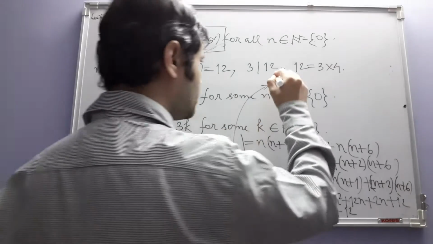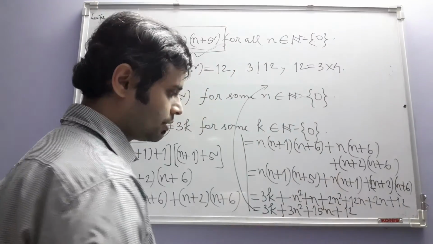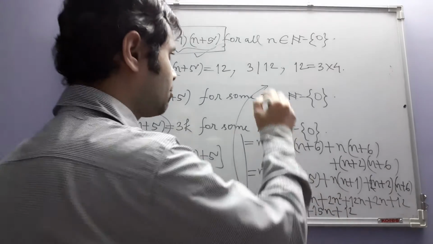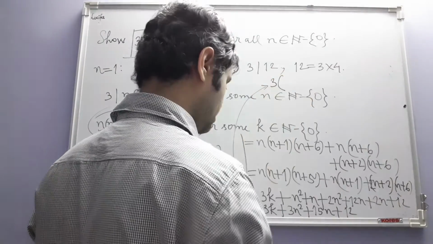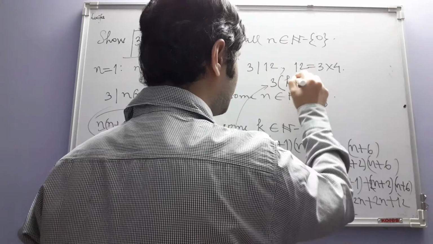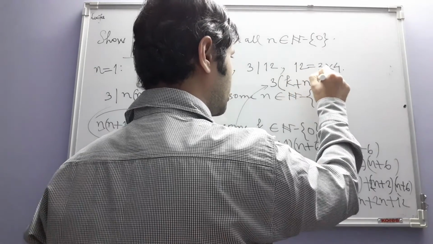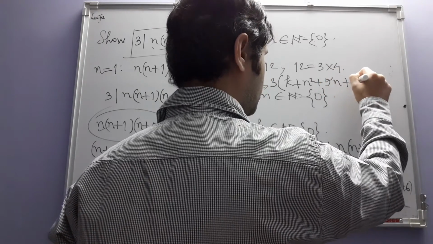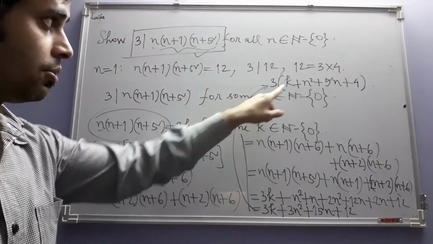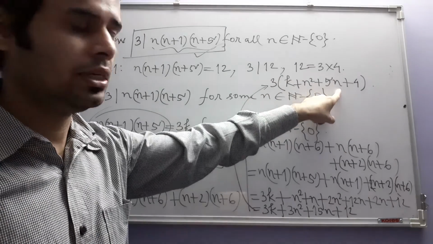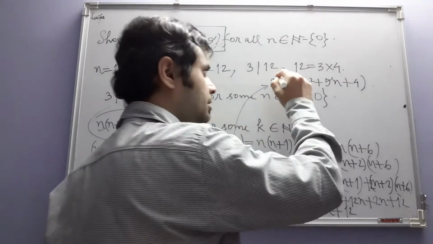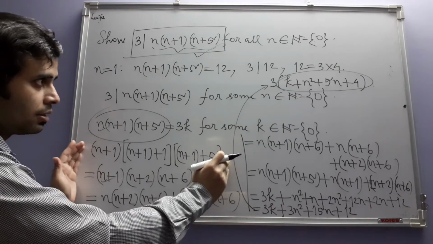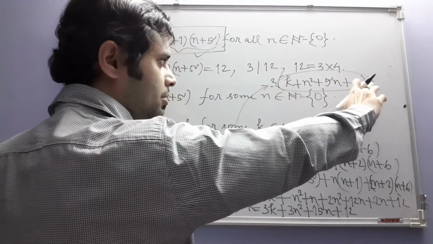Okay. From the final expression, you can see that all the terms are divisible by 3. So if I take 3 common out, then I have k plus n square plus 5n plus 4. Now, because n is a positive integer and k is also a positive integer, this is a positive integer. So you see that this expression is also 3 times a positive integer.